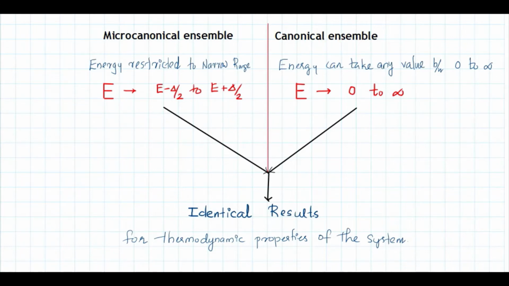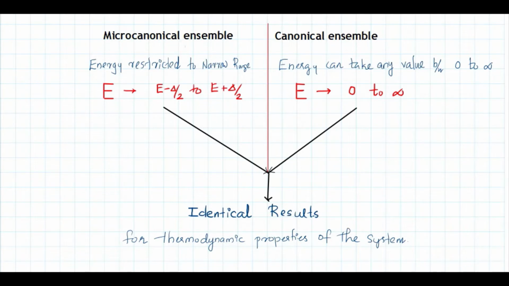In the case of microcanonical ensemble, we have a macro state which is defined by a fixed energy E, a fixed number of particles N, and a fixed volume V. But practically, it is not possible to fix at a particular value of energy.